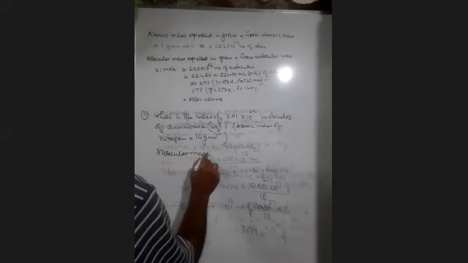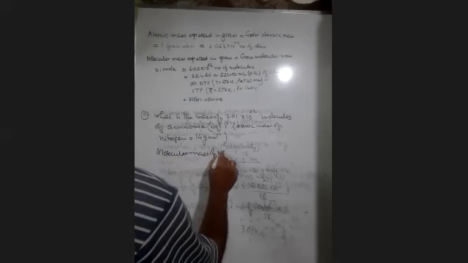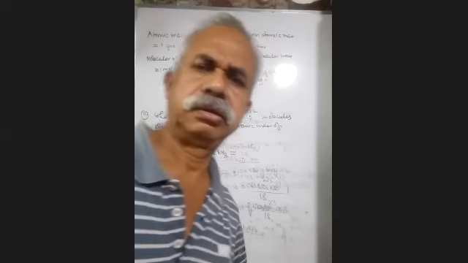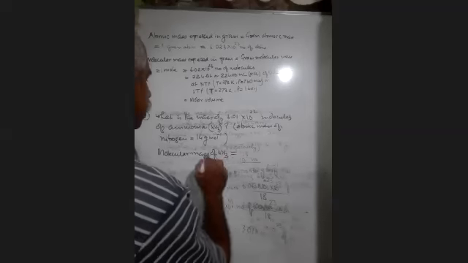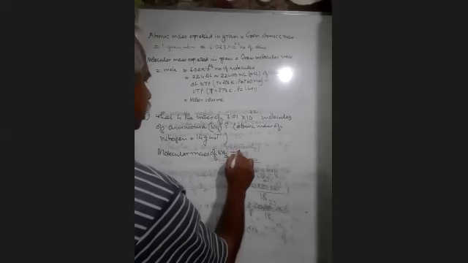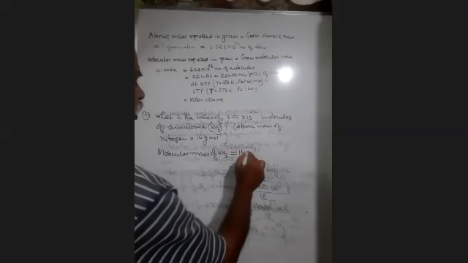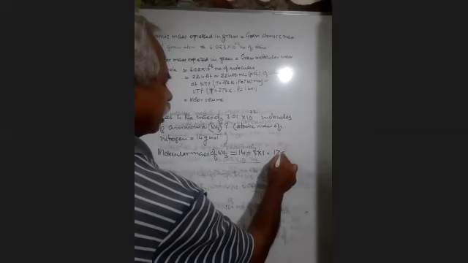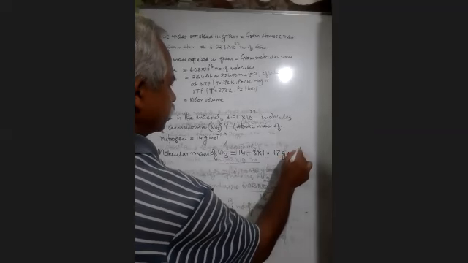Molecular mass of ammonia. See here, it is 14 plus 3 into 1. How much does it come? 17 gram mole inverse.